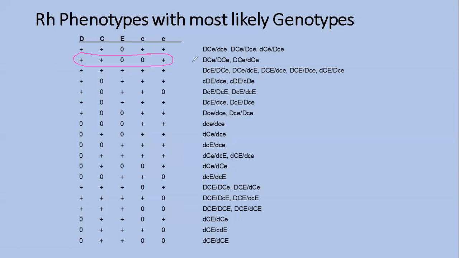This is going to be R. Has big C, it's going to be R1. And it's the same thing here, R1. So basically that would be the most likely genotype with our gel card method.